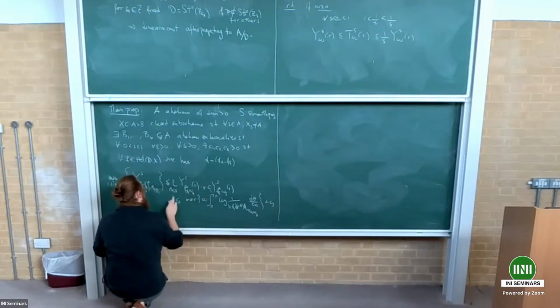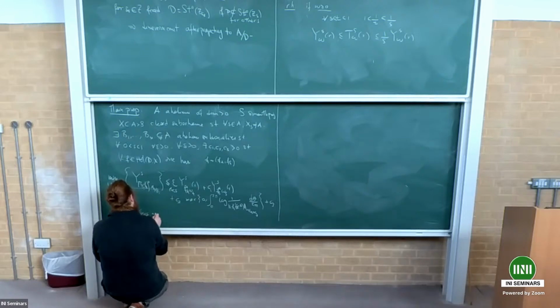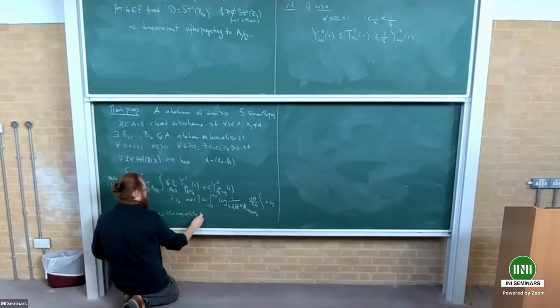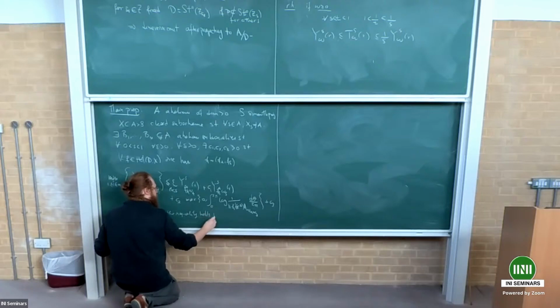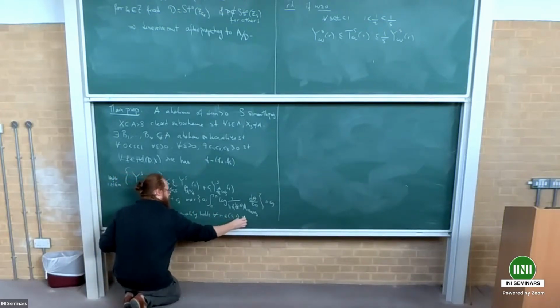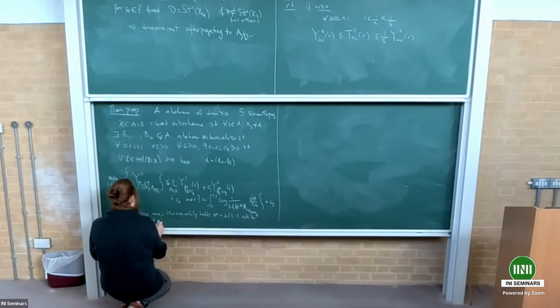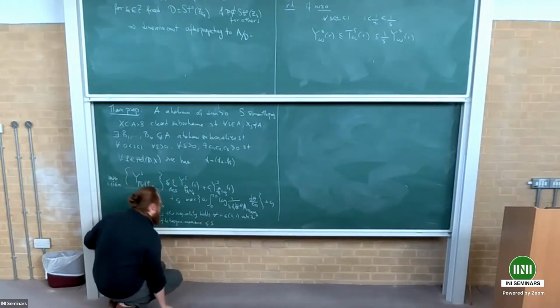And here, by this I mean the inequality holds for all r in (s,1) outside a set of Lebesgue measure smaller than delta, right?